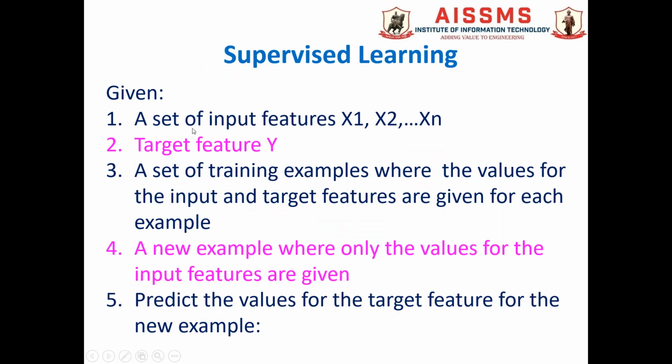So in supervised learning, a set of input features x1, x2, these are the input features, with its corresponding label target feature y is used for training of a system.